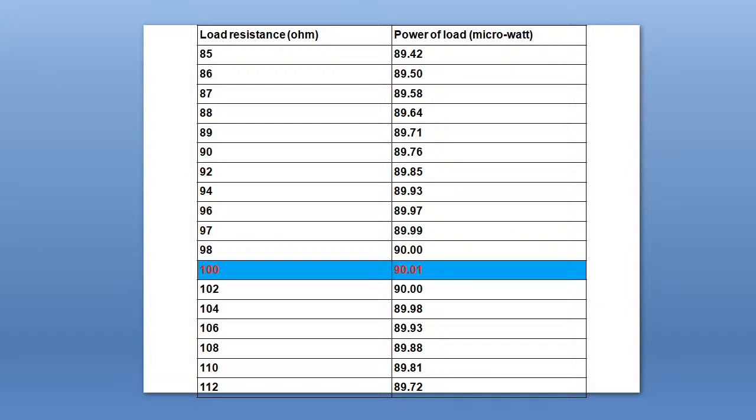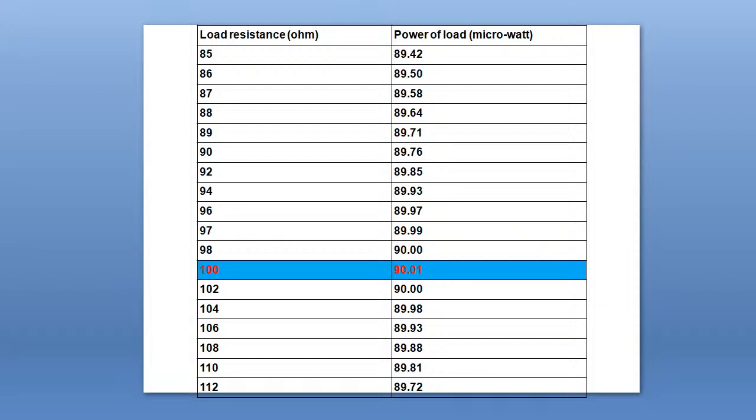Then you change the load resistance values. If you consider source resistance 110 ohm, then you consider load resistance from 90 to 120.